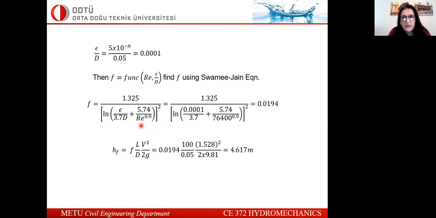So please read the questions well. Depending on whether you have smooth, transition, or hydraulically rough flow, you can adopt these friction factor calculations by making use of the Swamee-Jain equation. I hope it is clear.